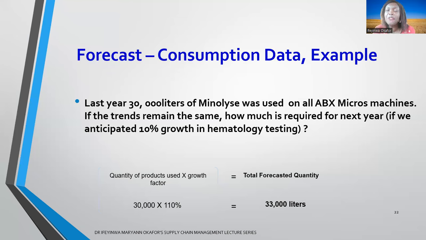So the total forecasted quantity for this particular product is 33,000 liters for that particular year. I would love you to do this exercise on your own and see if you can arrive at the answer using the formula provided. Feel free to ask questions, put them in the comment box, and I will gradually get back to you.